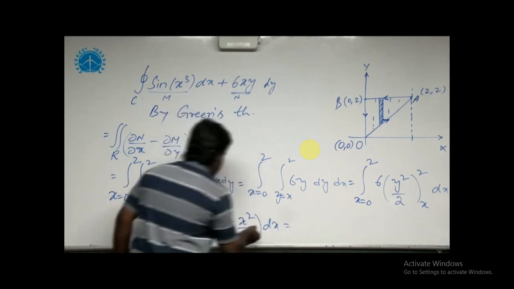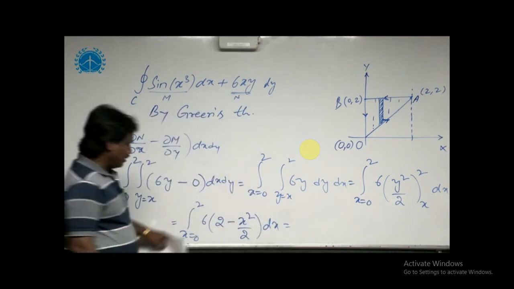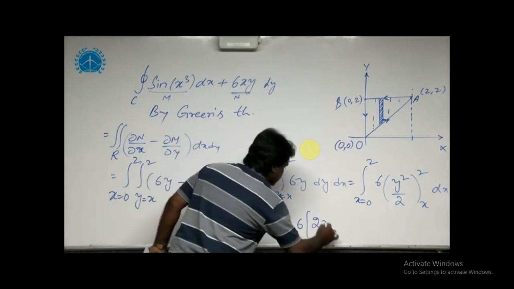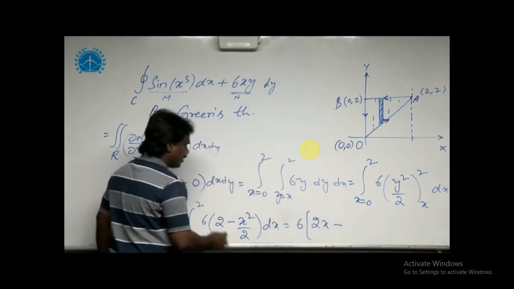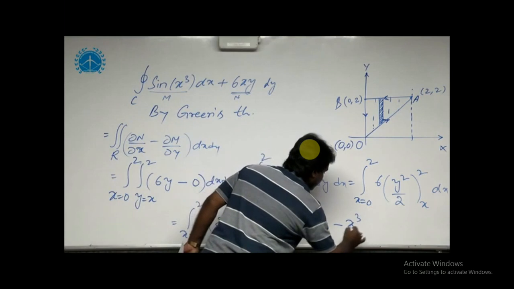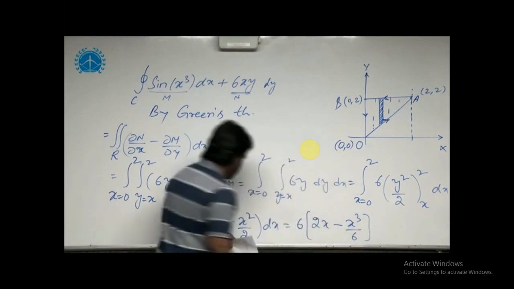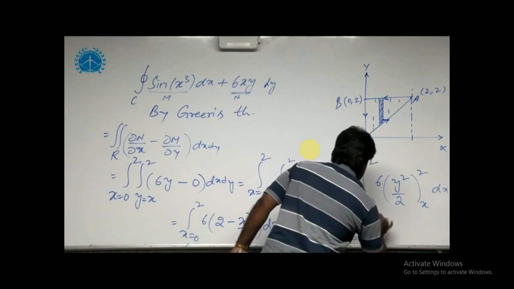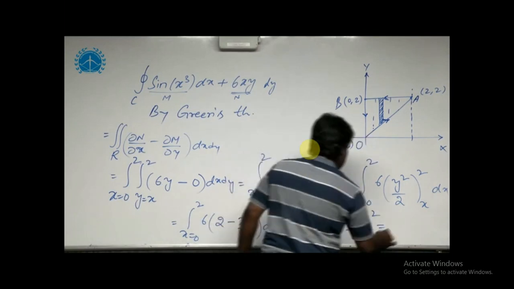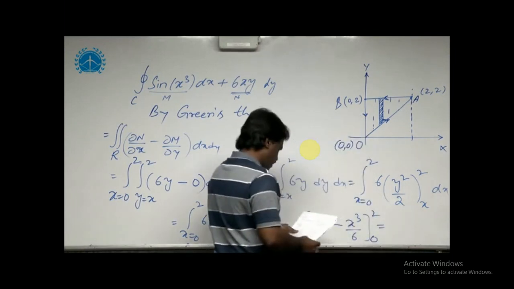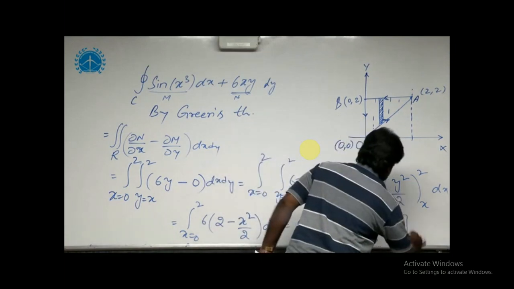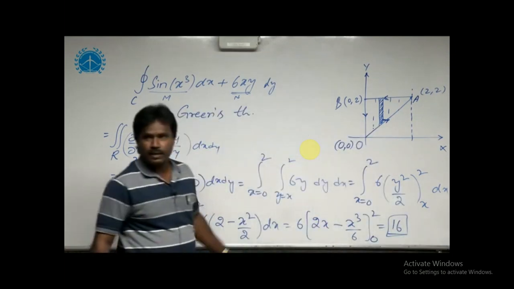Now again we integrate with respect to one variable. The integral of 2 is 2x, and x squared by 2 integrates to x cubed by 6, from 0 to 2. By simplification this gives 16. Just apply the upper and lower limits.